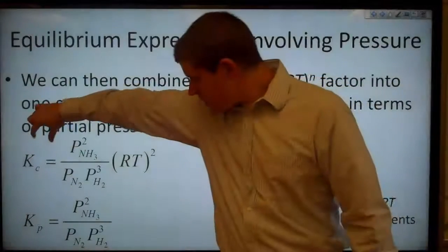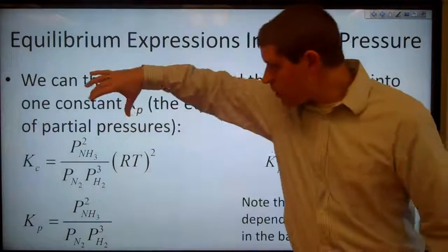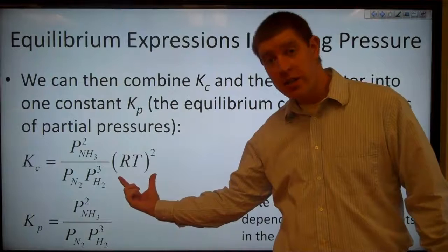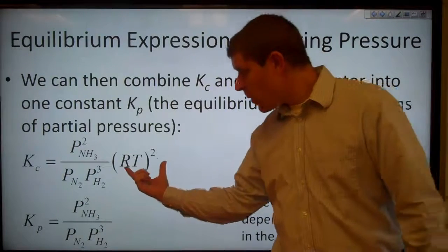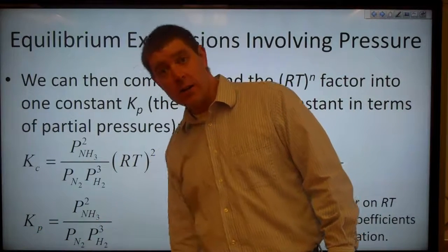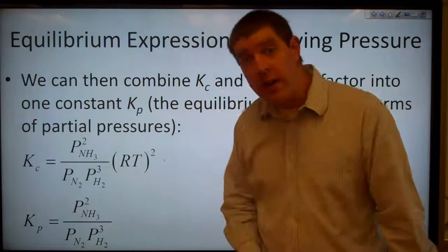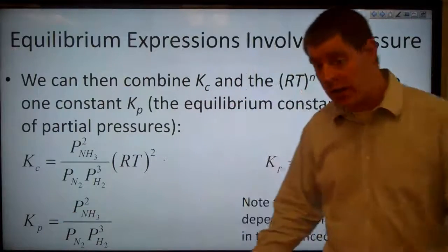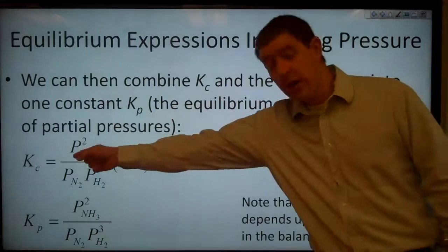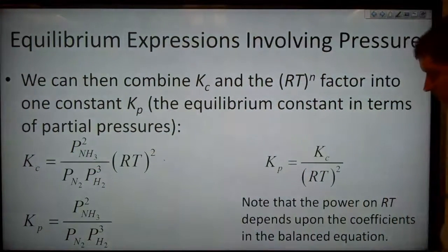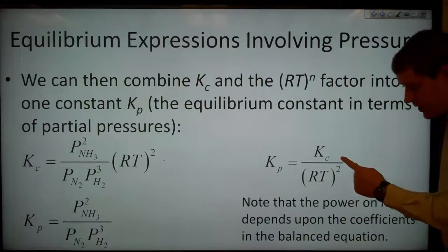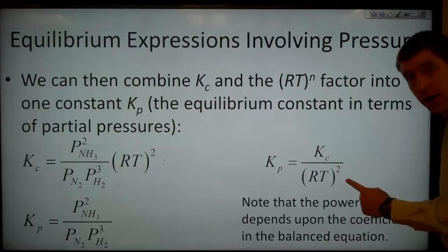We can wrap that RT to the n in with our equilibrium constant and give it a new name. Now we're calling it Kp instead of Kc. So this is the equilibrium constant in terms of pressures instead of concentrations. And note that in this case, Kp is equal to Kc divided by RT squared.